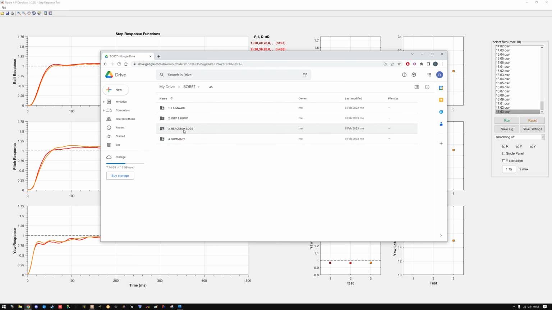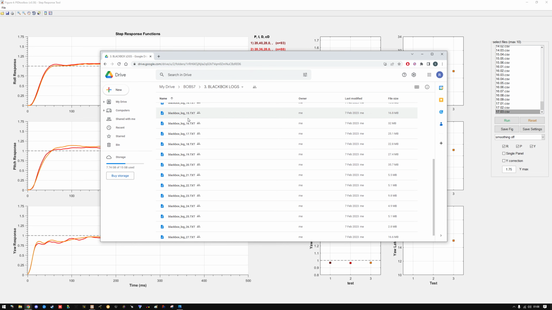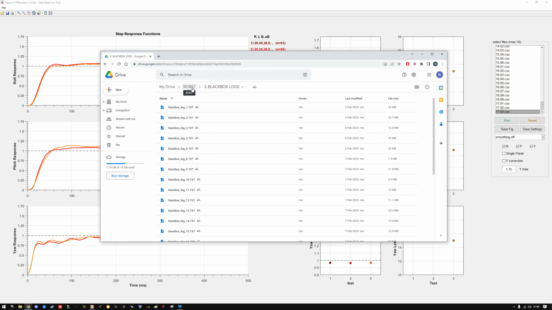The black box logs are all over here, and what you'll be able to find is all of the black box logs that I recorded for the first PID tuning session, let's call it, where I was using 250 degrees rates. If you want to fly with low rates like that, then please feel free to copy the tune, but otherwise I don't suggest it.